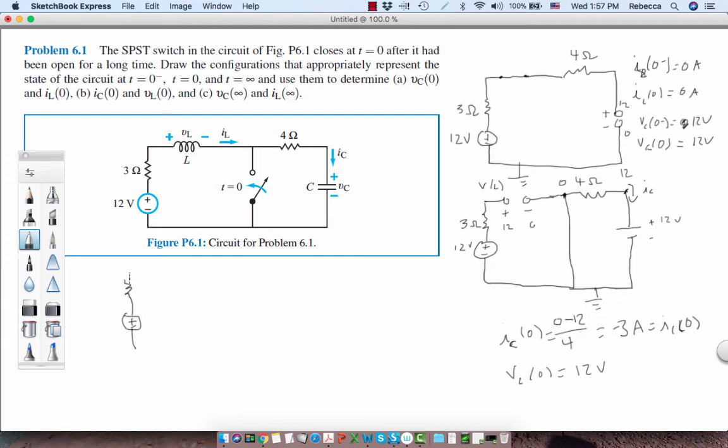So now, at infinity, the inductor is a short circuit. And our capacitor is an open circuit.